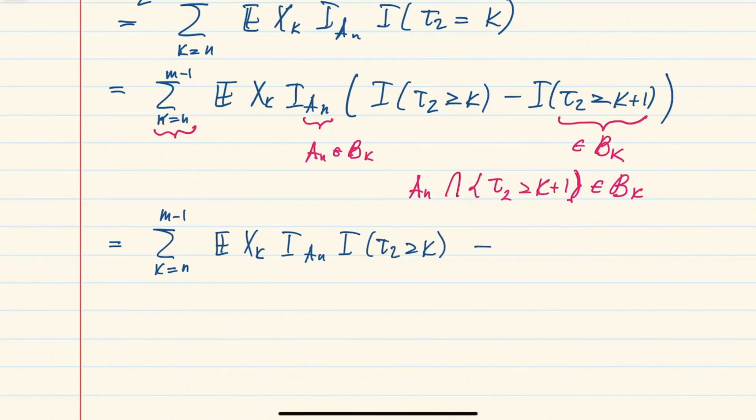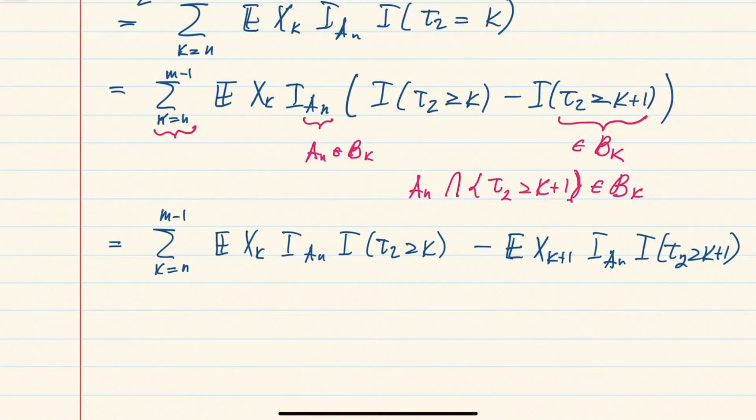But for the second term, we use the fact that the sequence x is a martingale. So we are going to replace xk by xk plus 1, because the indicators here belong to Bk, so the average of the next random variable in our martingale sequence at time k plus 1, on this set, is the same as the average of xk. So here we replace xk by xk plus 1 using the martingale property.